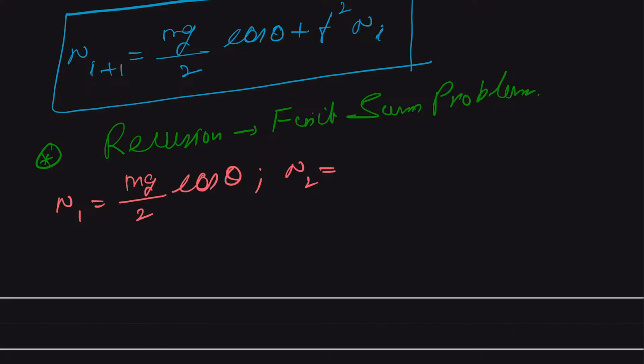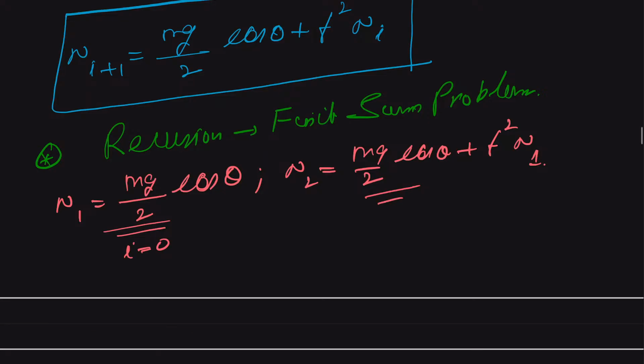So N of 2 will be equal to our mg by 2 cos of theta plus t square and N of 1. Okay, so for this value i was 0, for this value i is equal to 1.